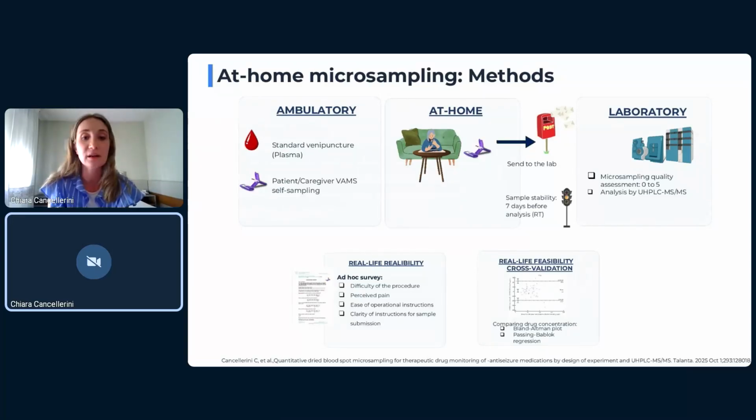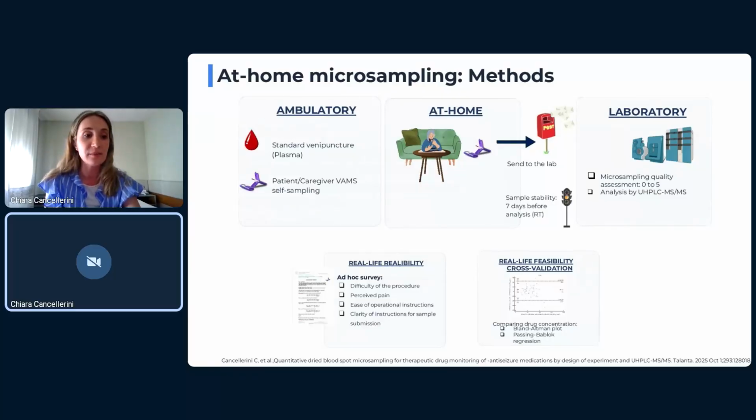Then we gave the patients a kit, and they did the exact same collection the day after at home, and sent their microsamples to the lab. Still, we analyzed the devices through an HPLC-MS method, and the same statistical analyses were performed, so the Bland-Altman and the Passing-Bablok regression.